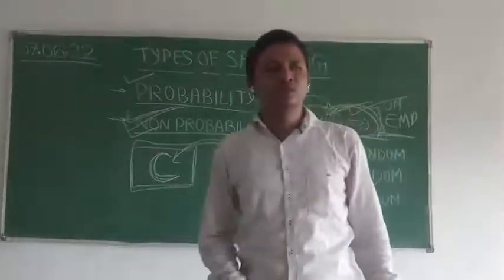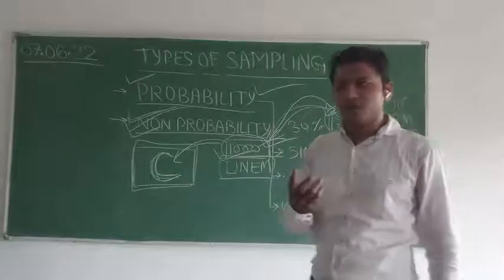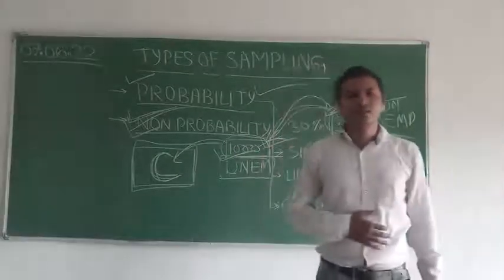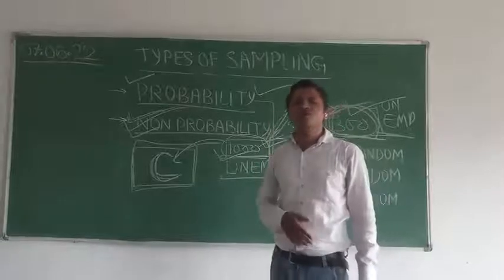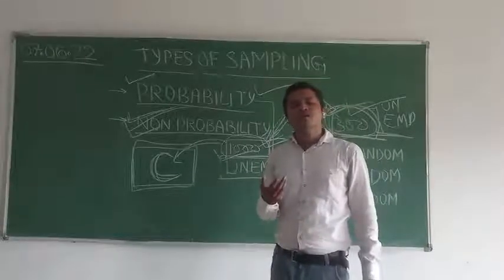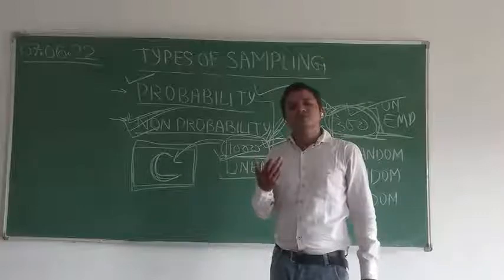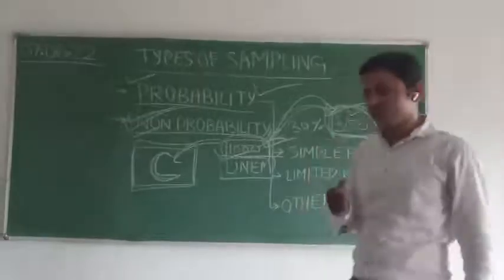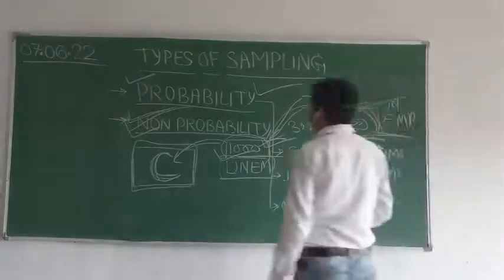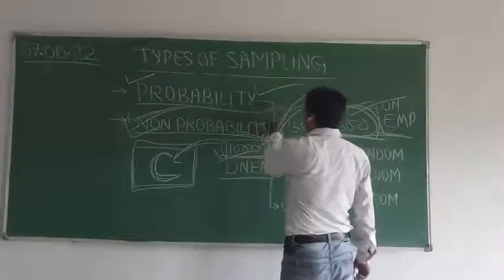They have to maintain certain qualities to be chosen as a sample according to the need of the topic we are leading as a social research. So this is probability and non-probability.